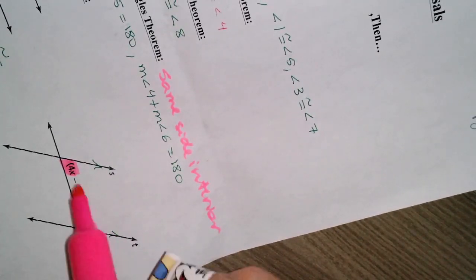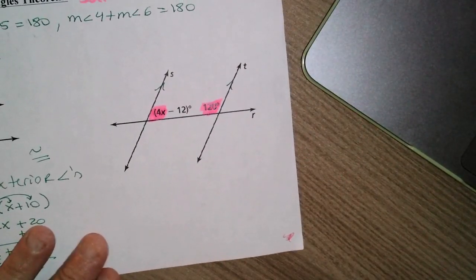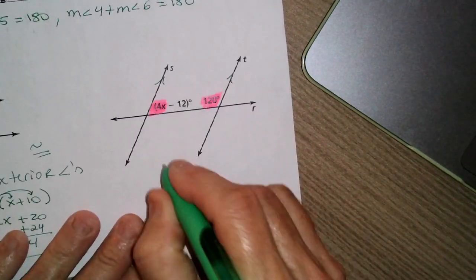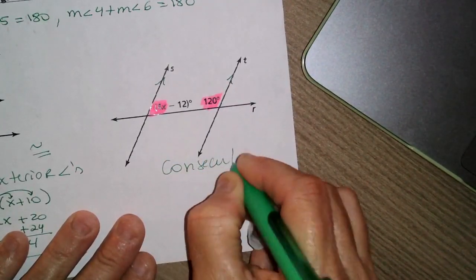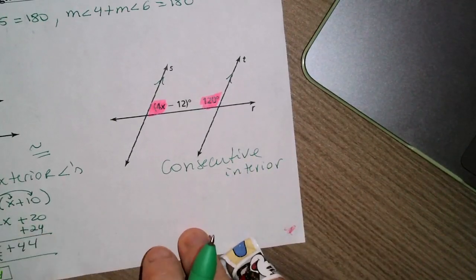These two are consecutive interior angles, and we know the consecutive interiors are going to be supplementary. It's the only one that was different.